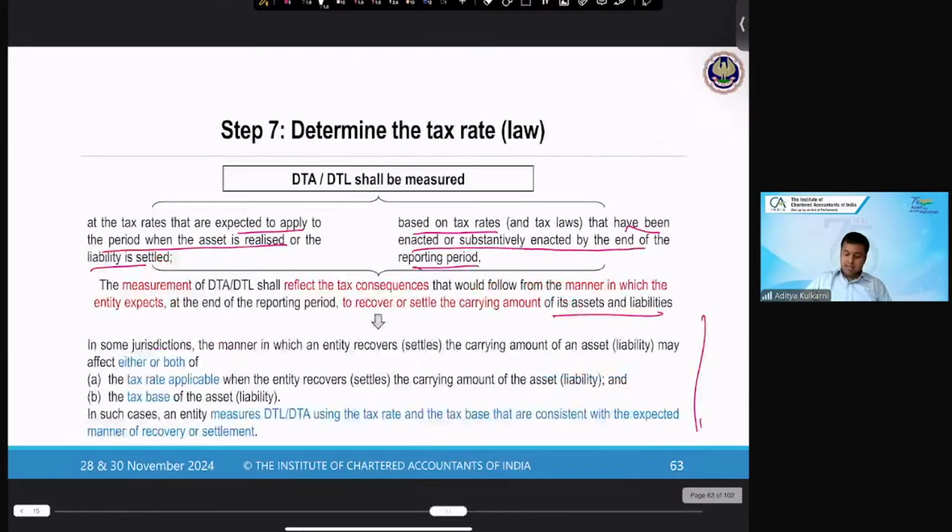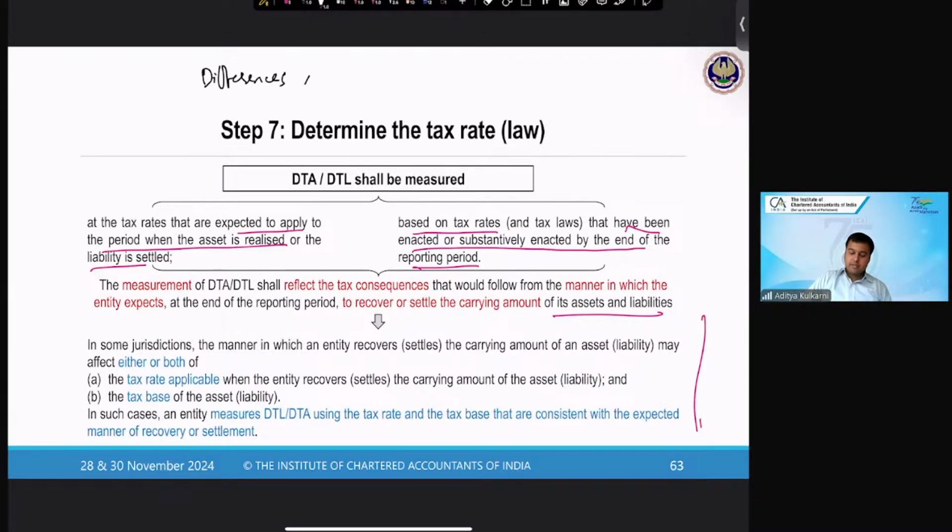All right. Next, measurement of DTA or DTL. Till now we were finding out only the differences. These differences you need to multiply by the tax rate. Which tax rate are you going to consider? Should you consider current tax rate or future tax rate? Current tax rate, if it is substantially enacted, then we have to consider that. Current tax rate is already enacted.